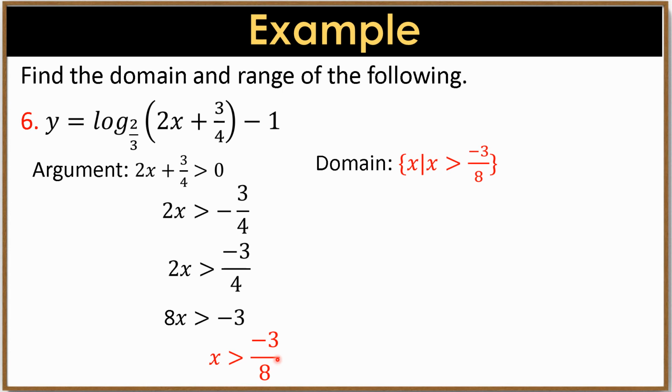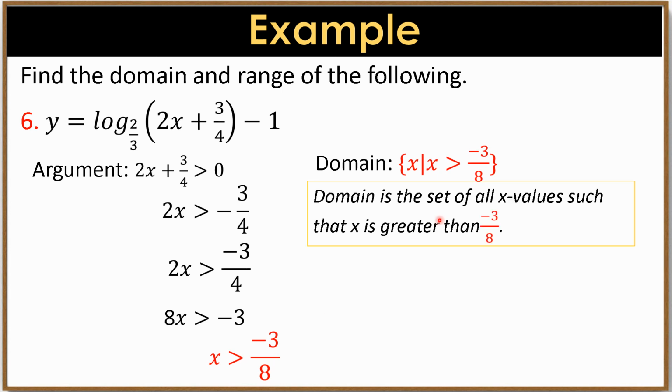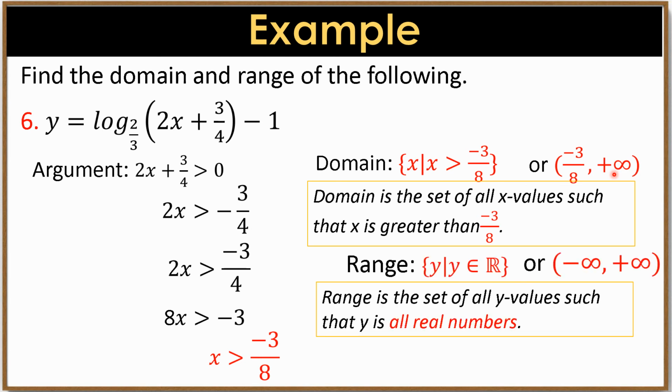Therefore, our domain is the set of all x values such that x is greater than negative 3 over 8. Or in ordered pair, it becomes negative 3 over 8 until positive infinity. And same, our range is the set of all y values that is all real numbers.